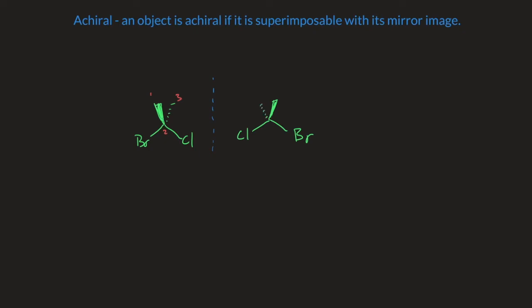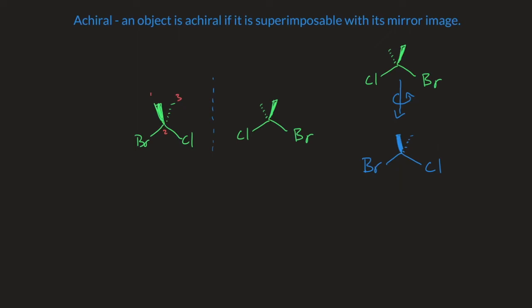And if I copy this and try to bring it over directly, they don't line up. If I were to rotate this molecule 180 degrees that way, then we put bromine over here, chlorine over here, I would have a methyl group there and a methyl group there.